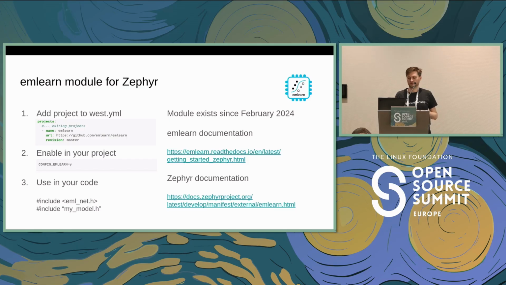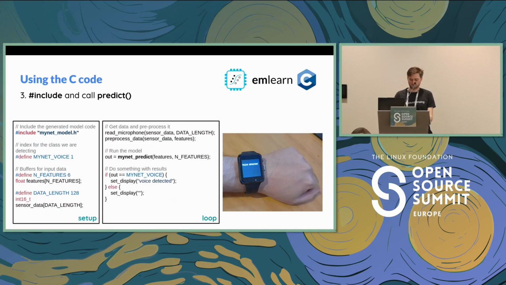We also have automated tests in the emlearn repository that test against Zephyr, so that we know that we don't break something that would affect Zephyr. There's a little bit of docs around this. It's very simple to do, and it's now also mentioned in the official docs from Zephyr.